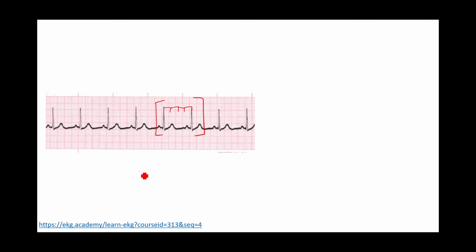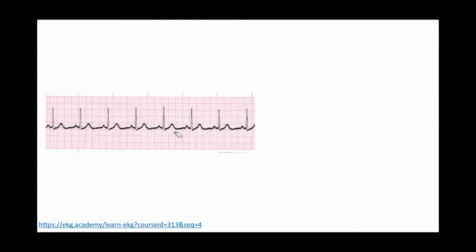So if you look at the method, if you memorize the pattern, that turns out to be 300, 150, 100, and 75 beats per minute, or just take 300 divide by 4, ends up being 75.